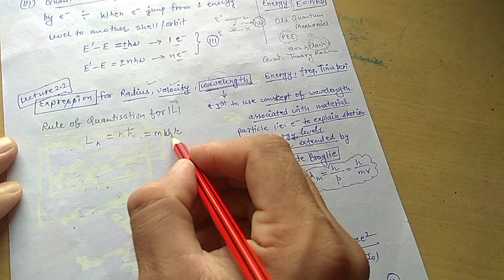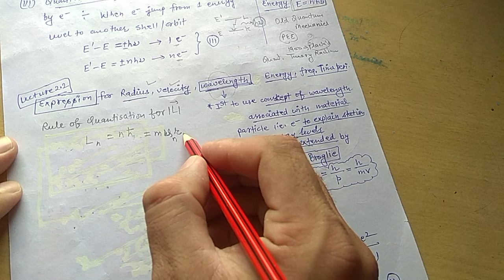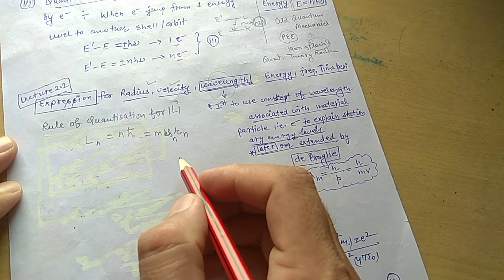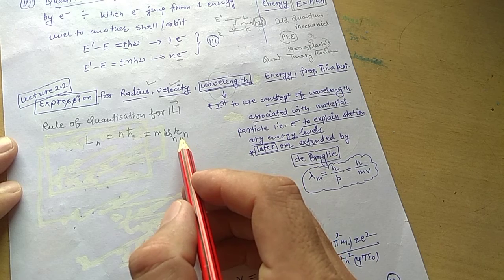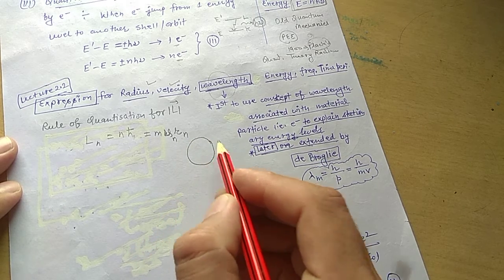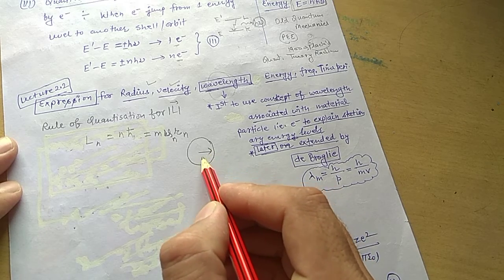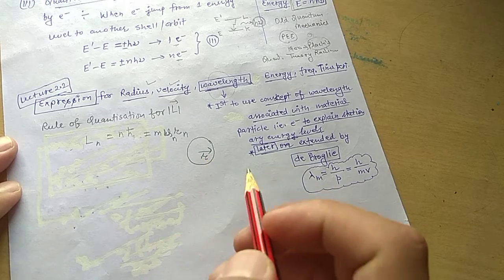This velocity is the velocity in the nth orbit, and this is the radius of the nth orbit. According to Bohr theory, the radius is constant because the shape of the orbit is circular. So the radius of the circle remains constant.